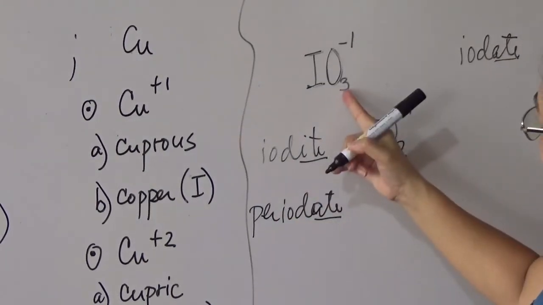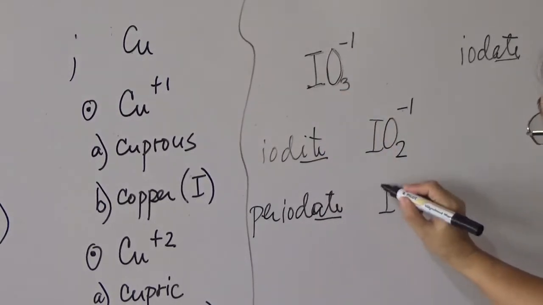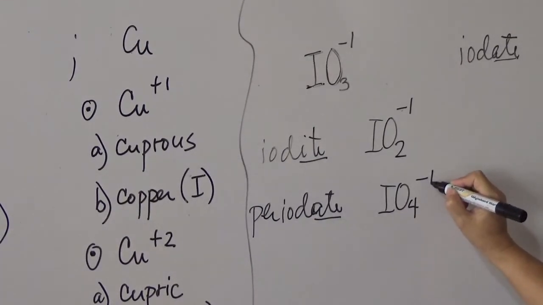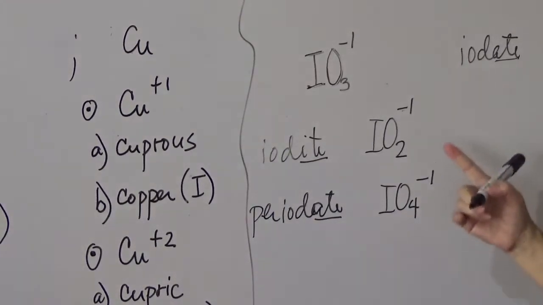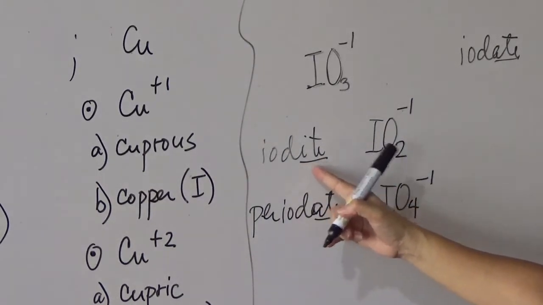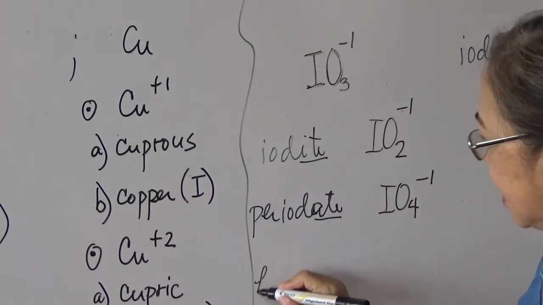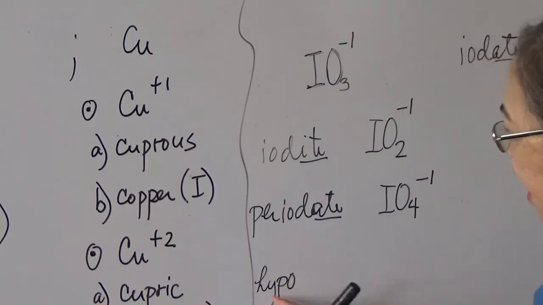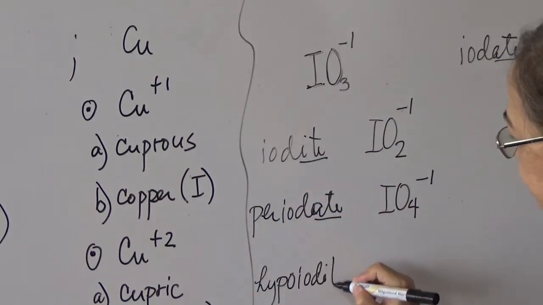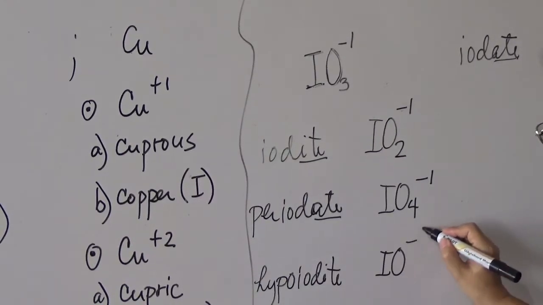Iodate is IO3, therefore periodate is IO4, negative 1. If it is lower than iodite in terms of oxygen atoms, there will be a prefix hypo: hypoiodite. That will be IO negative 1.